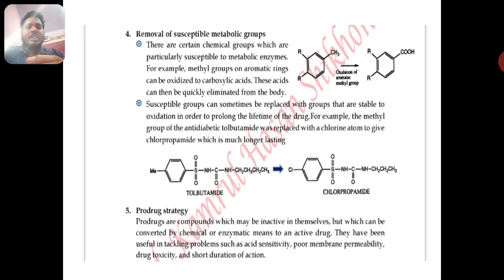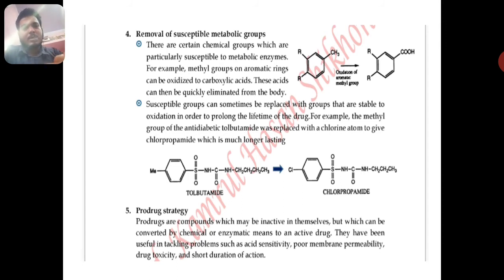So we replace the methyl group with chlorine. By this modification, we can get chlorpropamide, which has a very good pharmacological action.